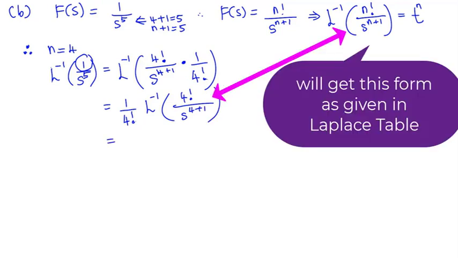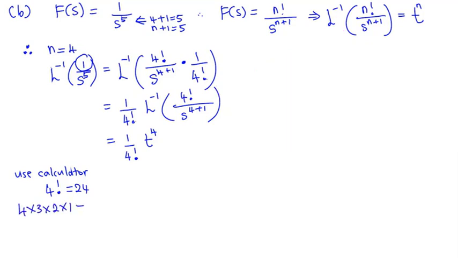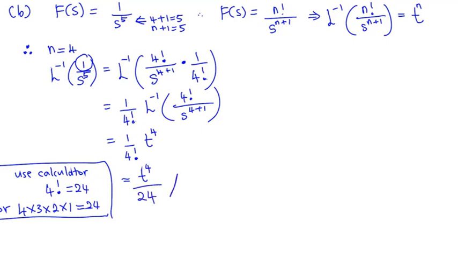We know that this one is t power of 4. Then use calculator, 4 factorial is equal to 24, or we can say that 4 times 3 times 2 times 1 is equal to 24. So we get the answer t power of 4 divided by 24.